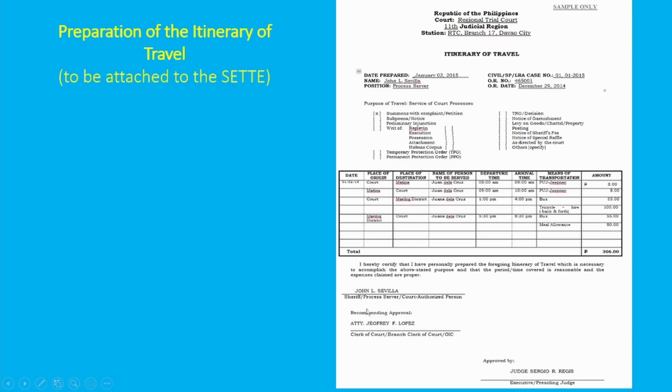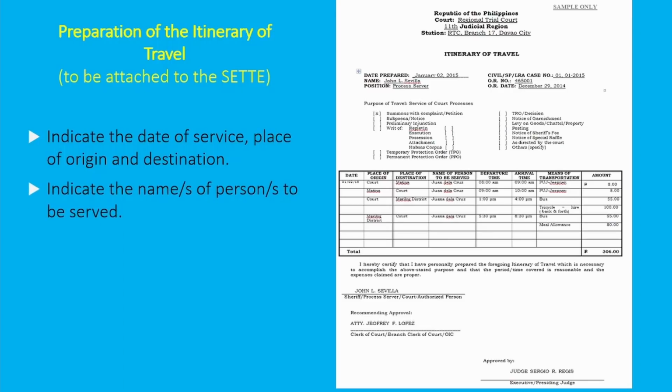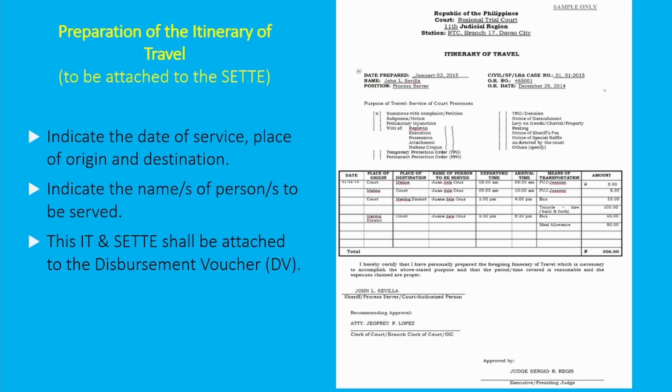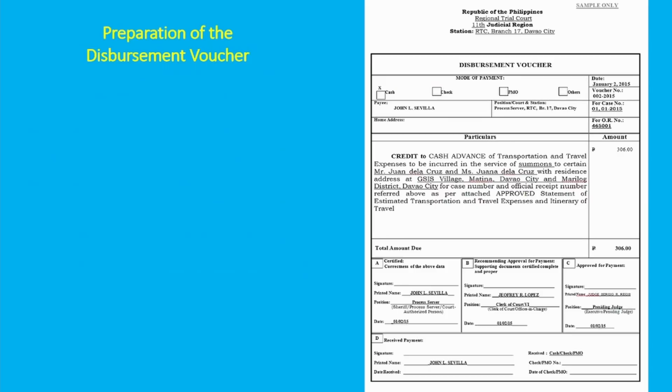If the process server or sheriff is from the OCC, it is approved by the presiding judge or the executive judge. Indicate the date of service, place of origin, and destination. Indicate the names of person or persons to be served. This itinerary of travel and SETE shall be attached to the disbursement voucher.